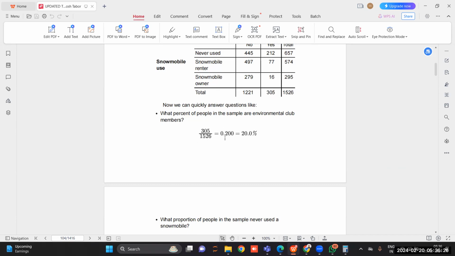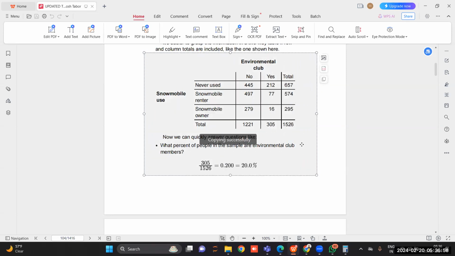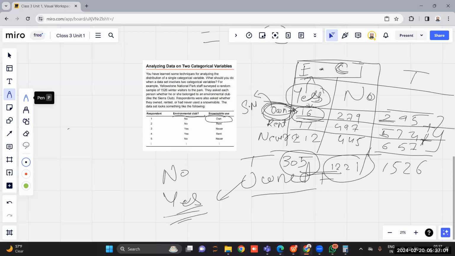If we want to calculate the relative frequency that each variable is holding, see here, he has done it. If I want to calculate how many environmental club members have said yes, it's 305. So I'll do 305 divided by 1526 and I'll get 20%. What does this 20% represent? It's very important to see.